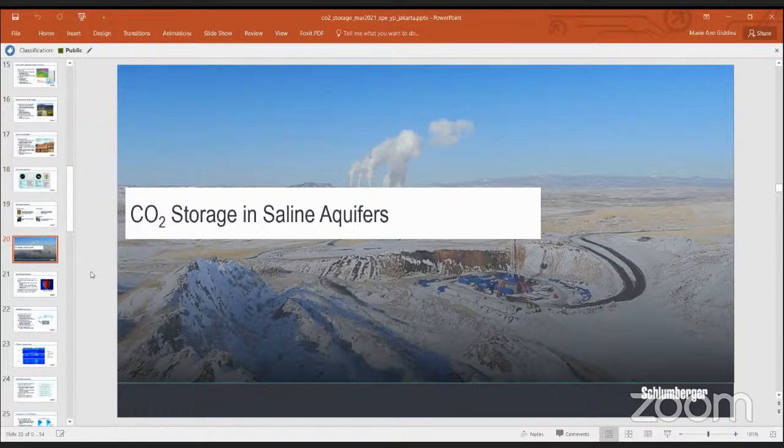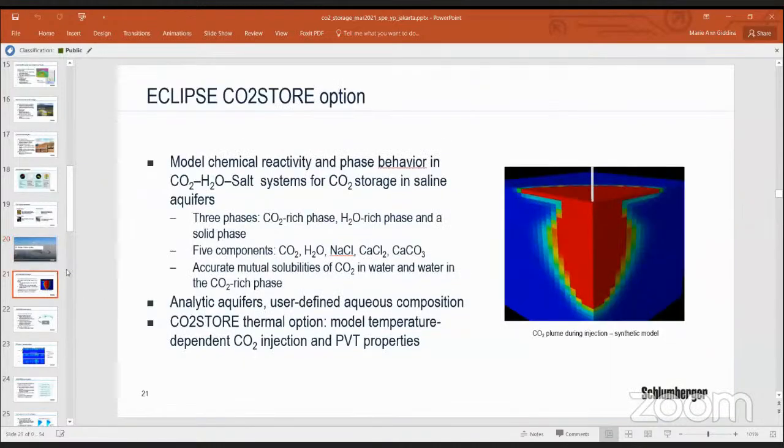Okay, very good. So now I'll talk a bit about the storage options in the simulators in a little bit more detail, which gives some more idea of the kind of things that we need to model. First of all, the CO2 store option in Eclipse. This was designed especially for our carbon services experts who were involved in CO2 storage projects.